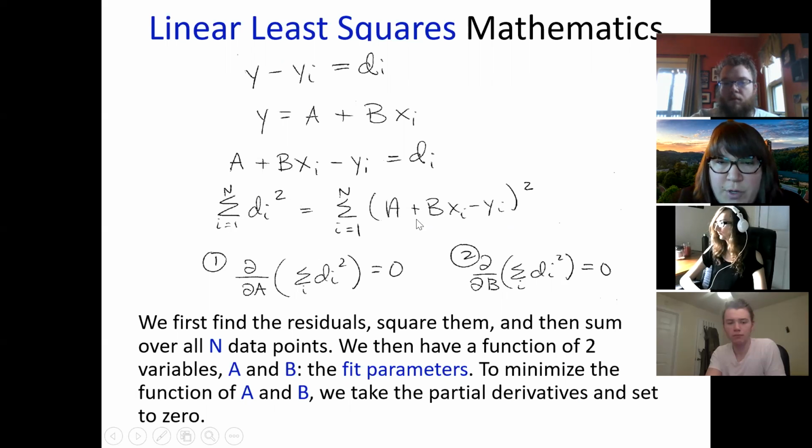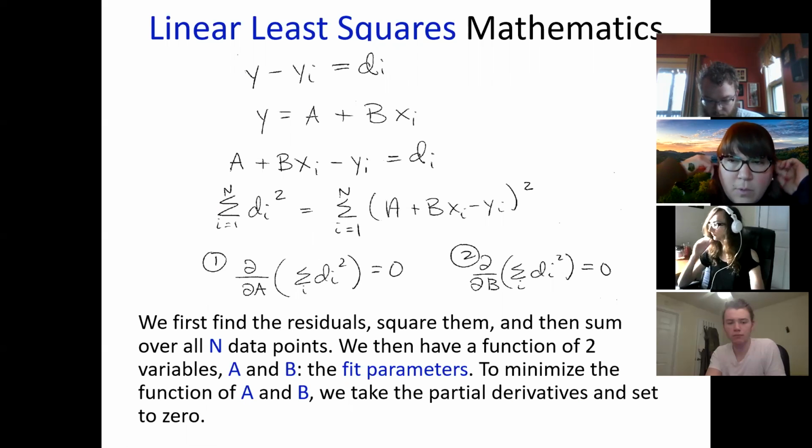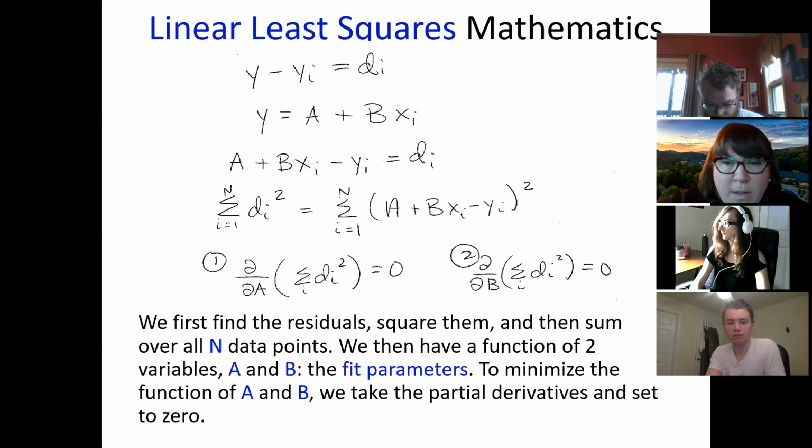The residuals are going to be the y-intercept plus the slope times x sub i minus y sub i, all of that squared, and we add all of those up. So now we have a function of two variables. We want to find, in the end, a and b. So a and b are the variables that we are considering different values for as we go through this process. So a and b are our unknowns, and we want to solve for those.